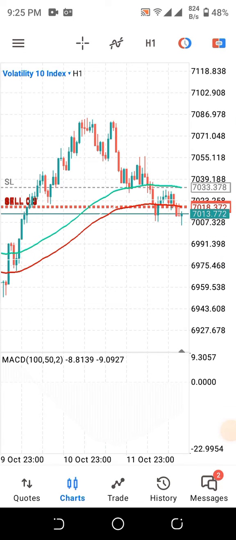All right, this is our chart. Now this is the reason why I am on this trade.